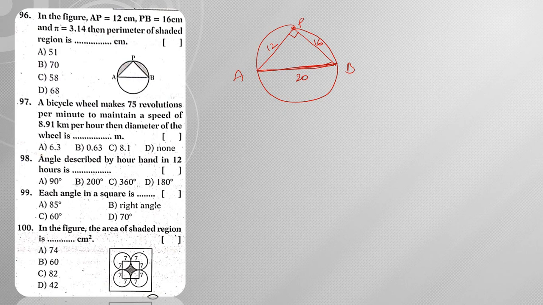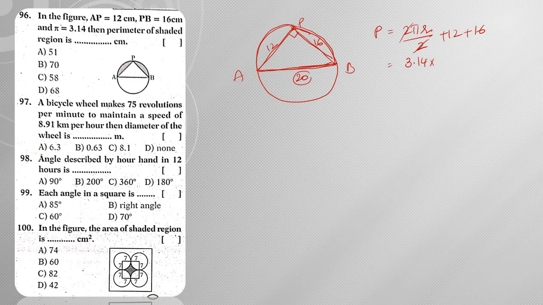If you want to find the perimeter, it is nothing but the length of the semicircular arc plus the sum of these two sides. Now perimeter is given by 2 pi r by 2 plus these two sides, that is 12 plus 16. So 2 will get cancelled. Consider pi as 3.14 into radius. So what is radius?